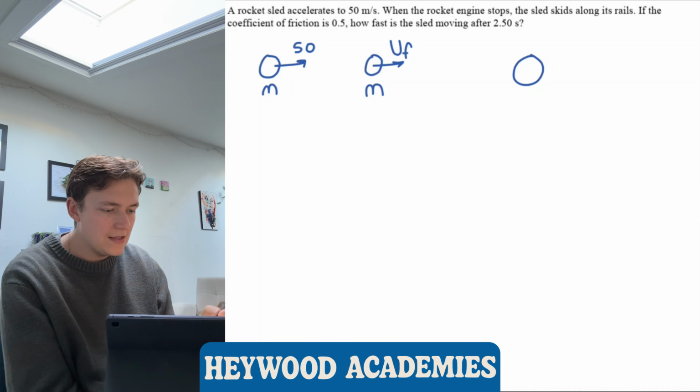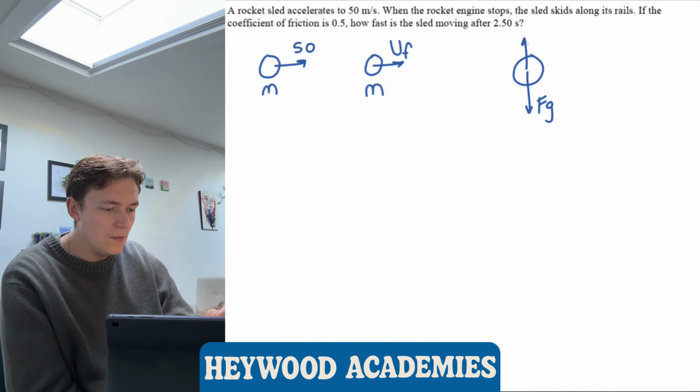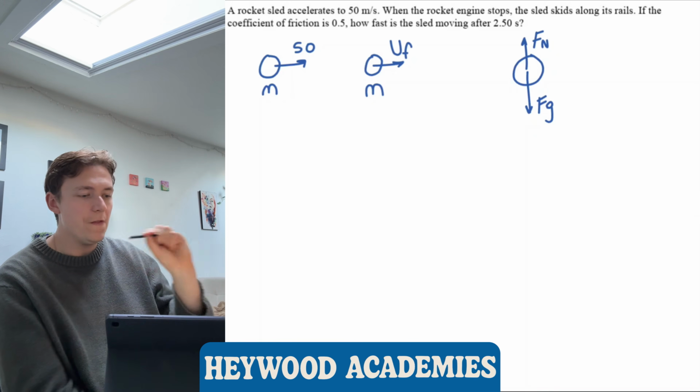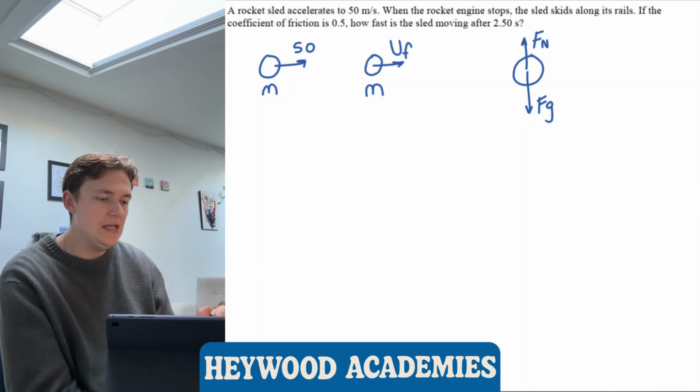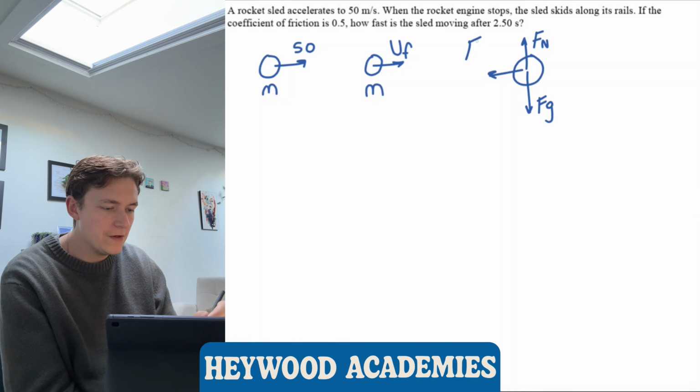For the object, if we think about the forces, we're going to have force of gravity going down, normal force going up. This scenario that we're talking about is after the rocket engine stops. So there's no more thrust force that's increasing our speed. The only thing that we have slowing us down here would be our friction force.